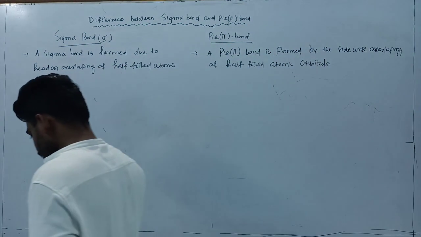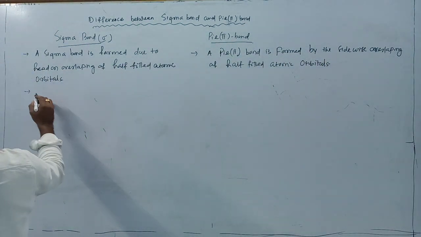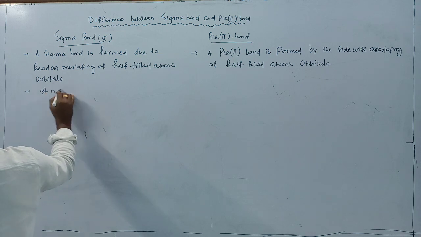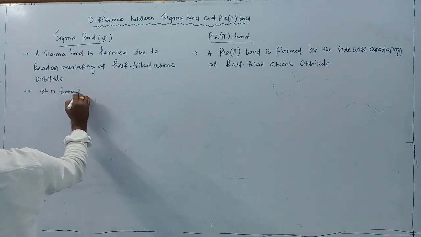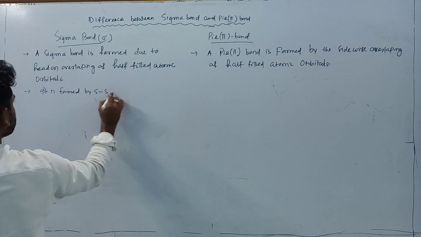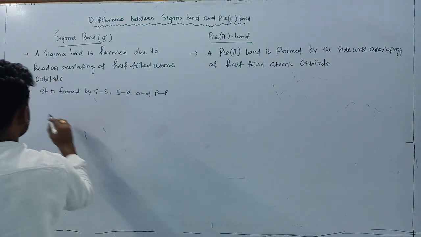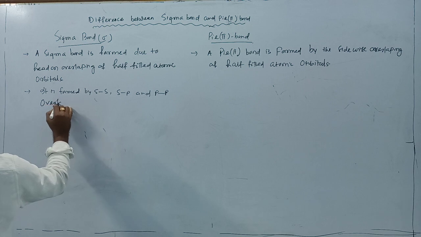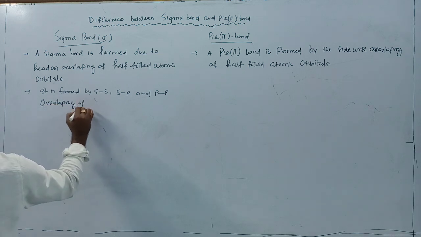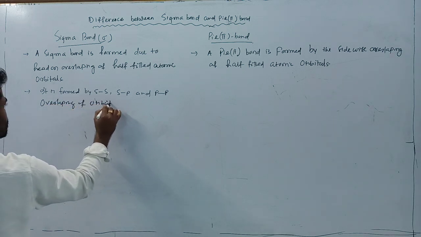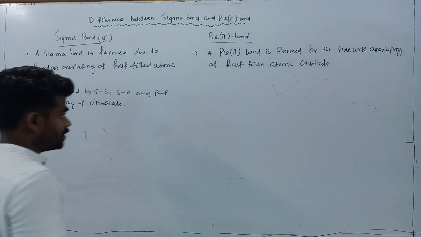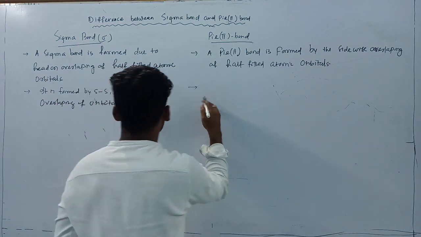Next, a sigma bond is formed by SS, SP and PP overlapping of orbitals. Clear?